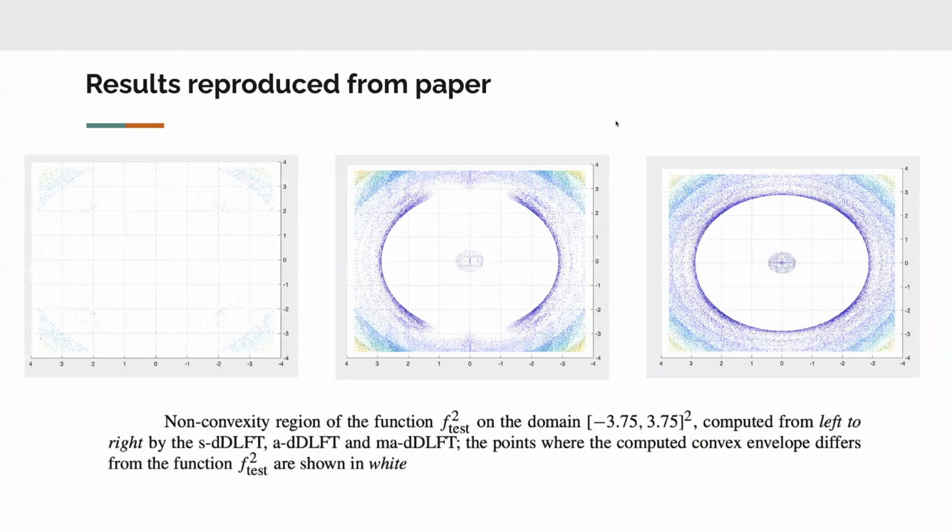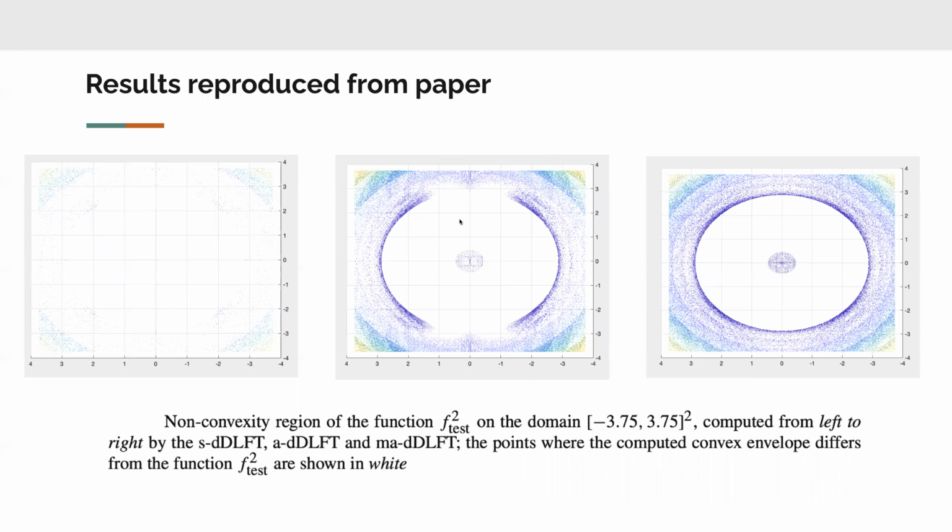So we are trying to see using each different algorithm what is the non-convexity area. So the white portion in the picture actually refers to the non-convexity area. So this one is produced by the standard factorization algorithm, and as you can see, it's very unclear as to what this is showing. There are a lot of white parts which it's saying is non-convex, but it actually is not.